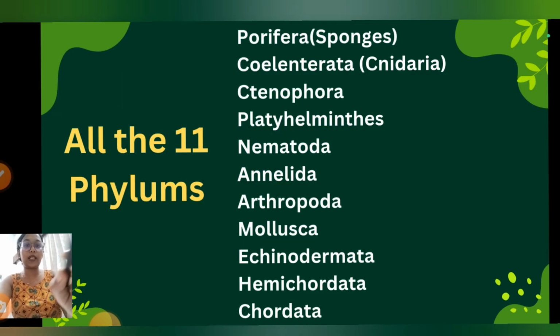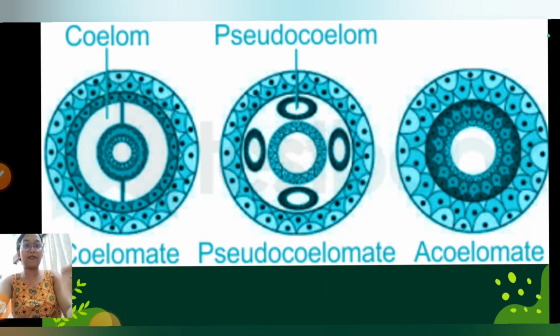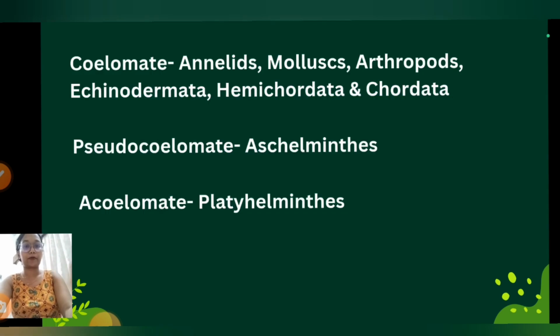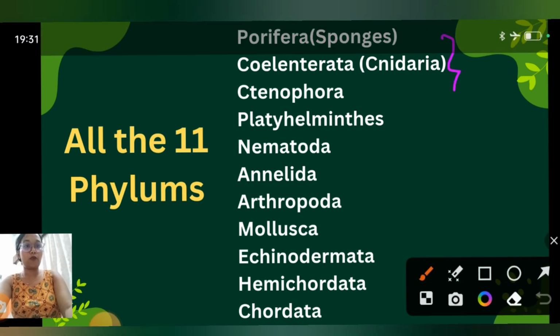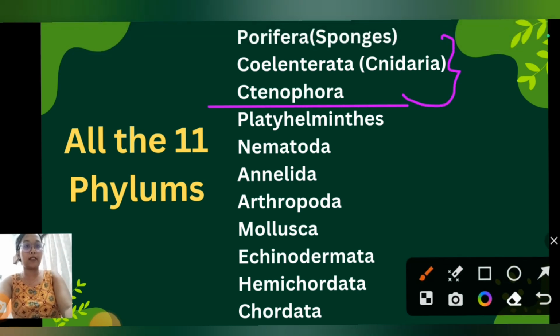So here again I have given the 11 phyla, so you can easily identify. This one won't have any relation with the coelom because here the mesoderm is absent.